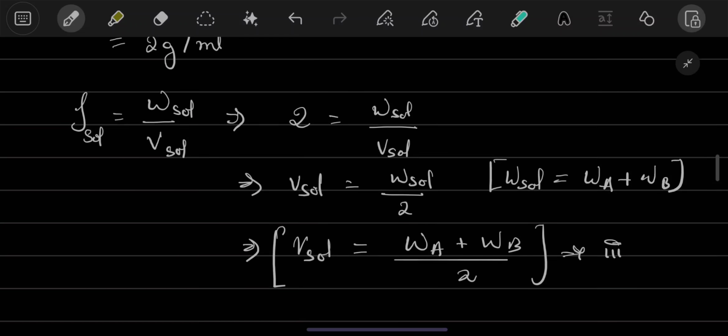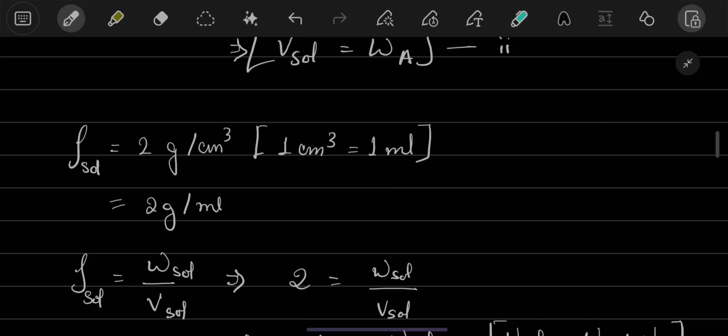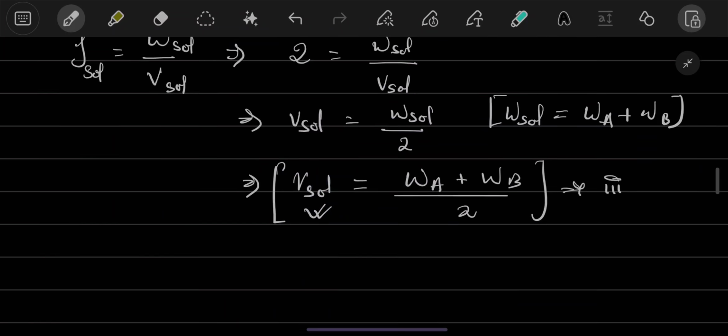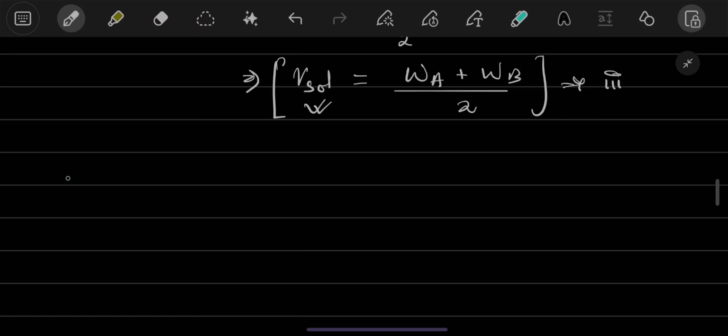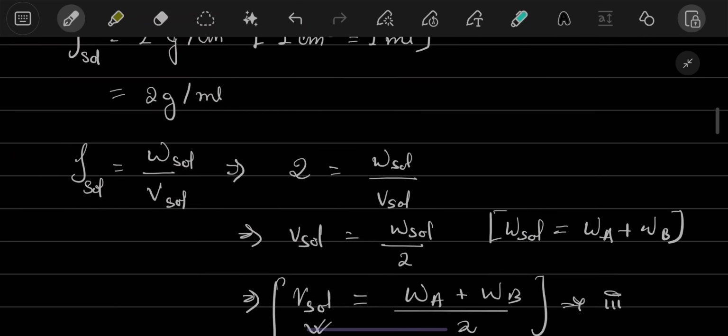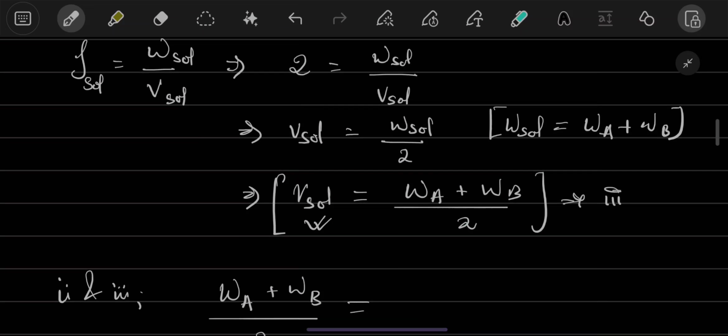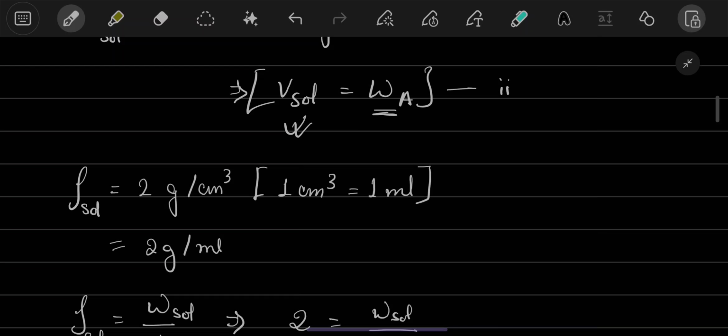Now we'll put this volume of solution value in our second equation. So from 2 and 3, we get volume of solution, weight of solvent plus weight of solute by 2 is equal to, volume of solution was equal to weight of the solvent.